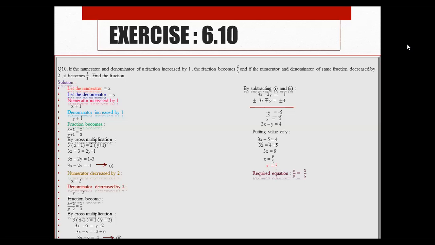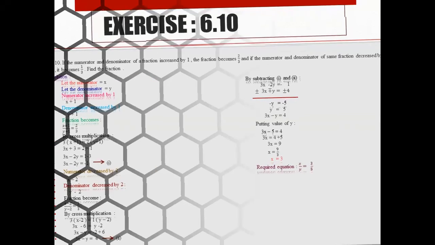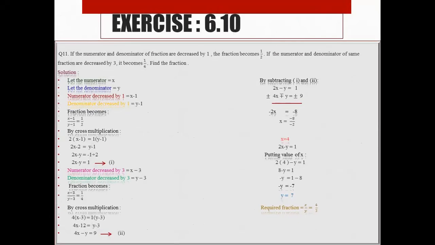Yes, question number 11, the last question of this exercise. If the numerator and denominator of the fraction are decreased by 1, in the previous one increased by 1 and here decreased by 1, it means x minus 1 and y minus 1, the fraction becomes 1 by 2. So x minus 1 over y minus 1 is equal to 1 by 2.